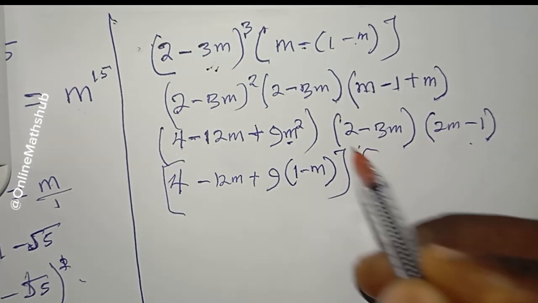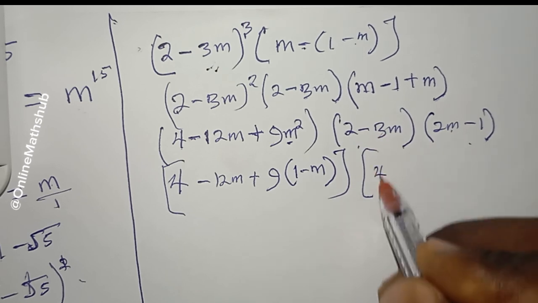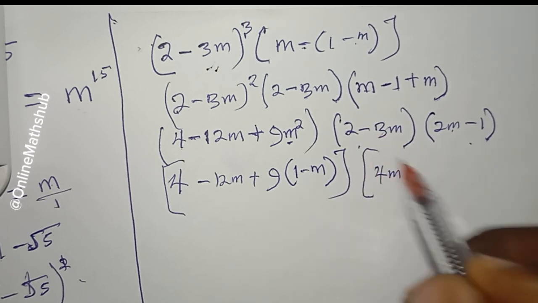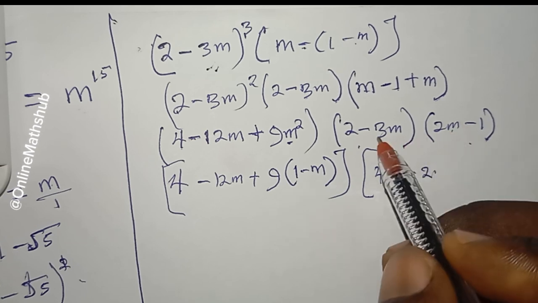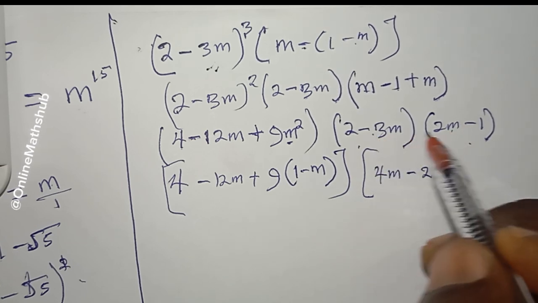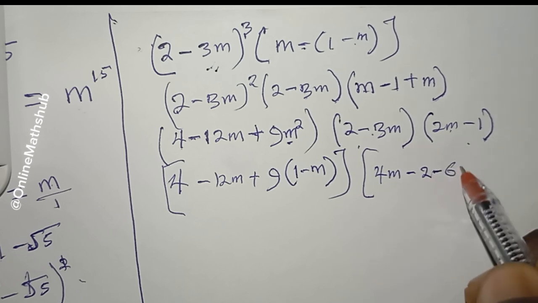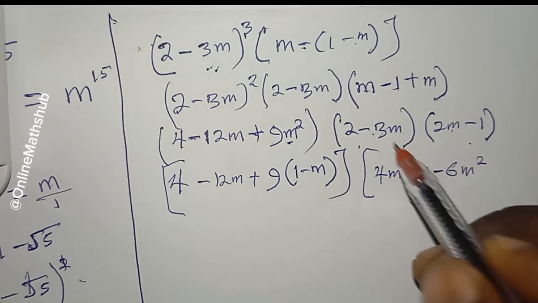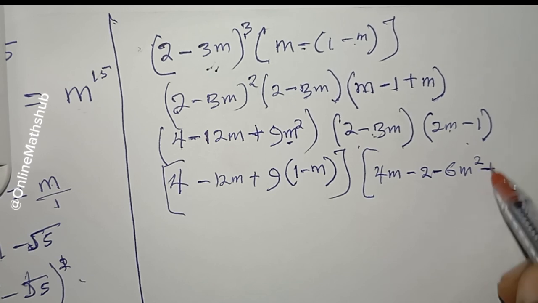And then for this bracket, what I'm going to be having is 2 times 2m here will give us 4m. 2 times minus 1 is minus 2, and then minus 3m multiplied by 2m, that will be minus 6m squared, and then minus 3m multiplied by 1 will give us a plus 3m.